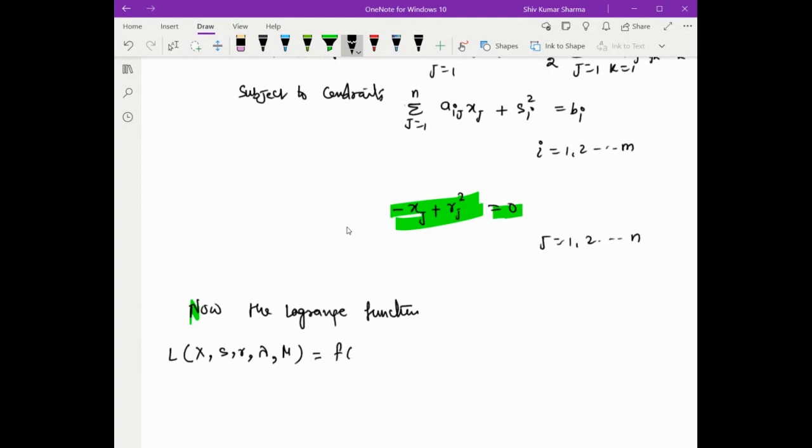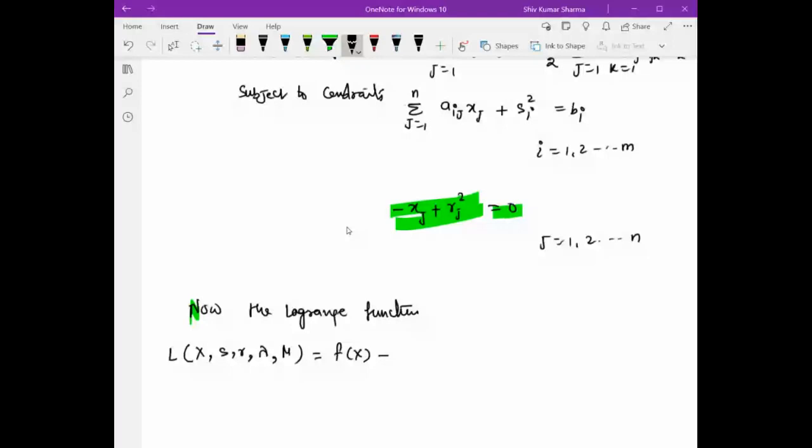First we write the function f(x), minus the constraint, that is, the summation over i of (summation of aij xj plus si square minus bi).